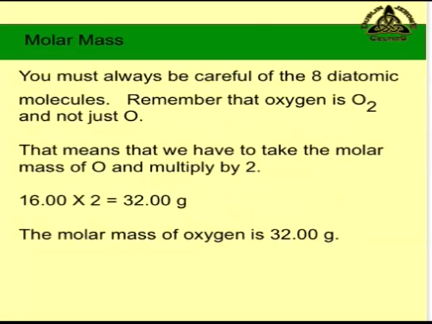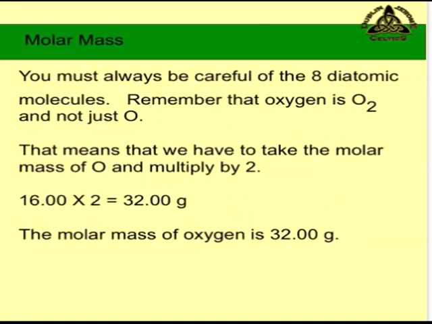You always have to be careful about the 8 diatomic molecules. Remember that when you talk about oxygen, you're talking about O2, not just O. And that means that if you want the molar mass of oxygen, what you have to do is to find oxygen in the periodic table.